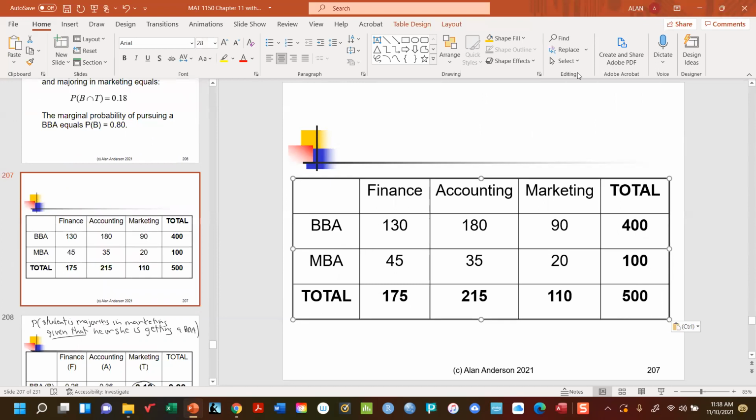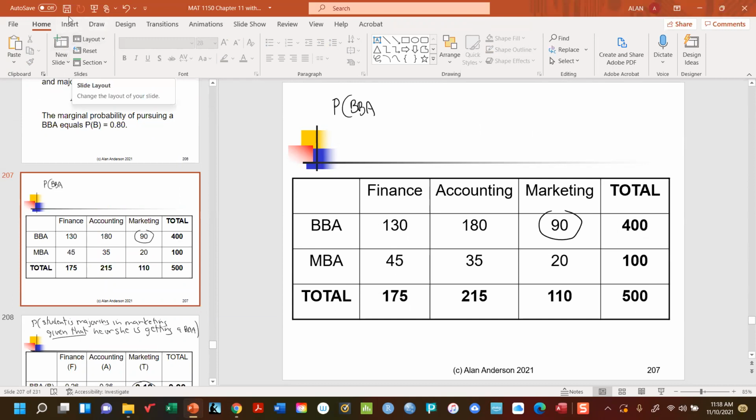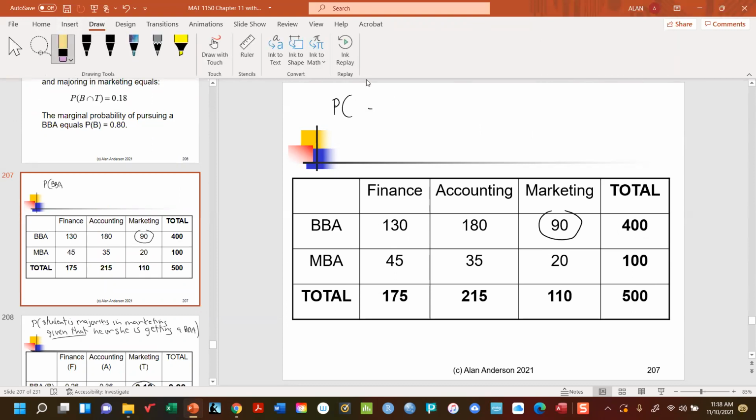And what we're seeing here is that the probability of getting a bachelor's degree and studying marketing, remember, marketing is T, is 90 out of 500.